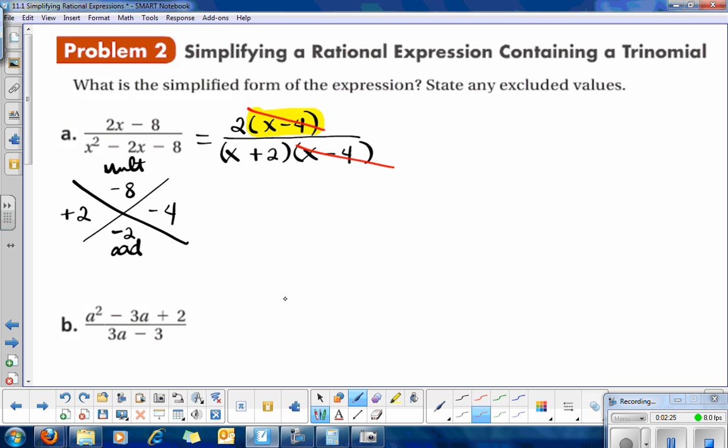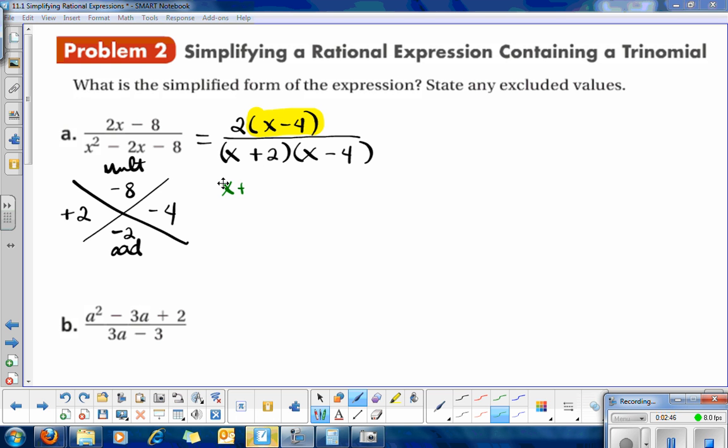Oh, before we cancel those out, sorry, let's take a look at our excluded values. When we find our excluded values, we have to set each of these binomials equal to 0.